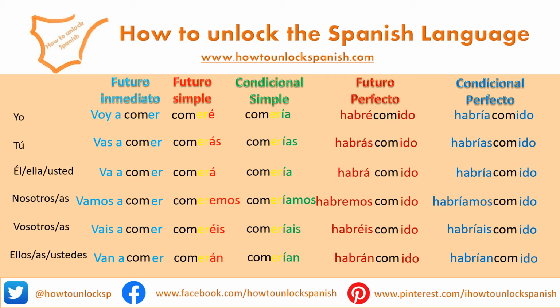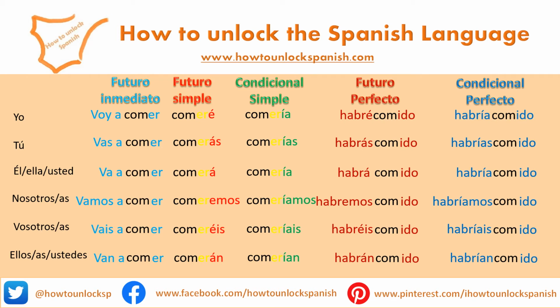comeremos, comeréis, comerán. To say I will have eaten, like in English, we will conjugate the future of haber, which is habré, habrás, habrá, habremos, habréis, habrán, and that will be the first word, and the second word of the tense will be comido, which is comer plus the ido, and it will be habré comido.